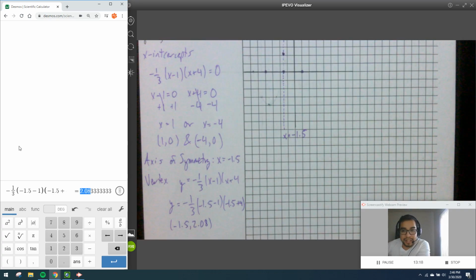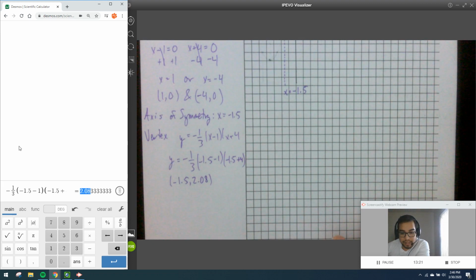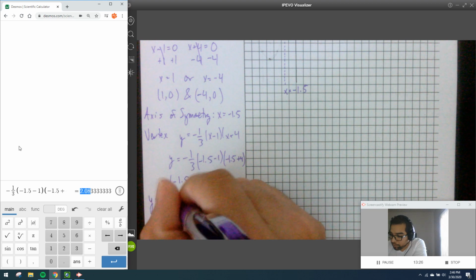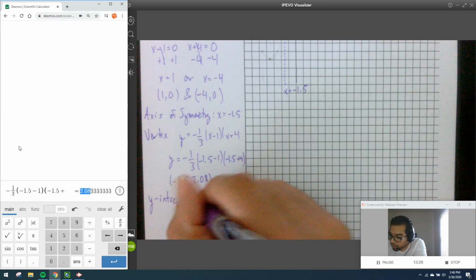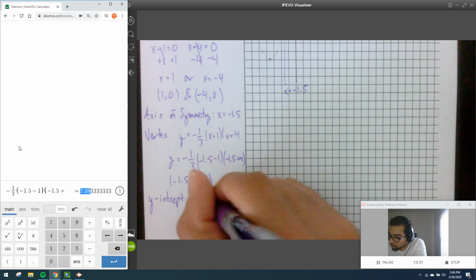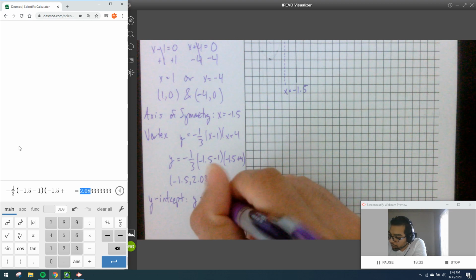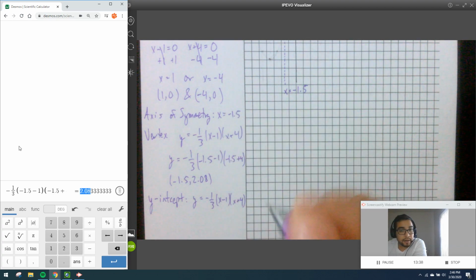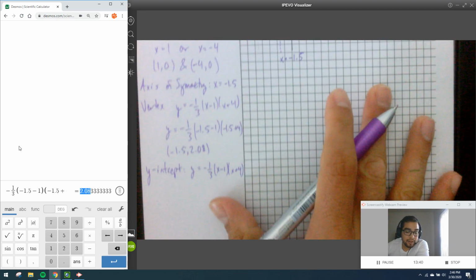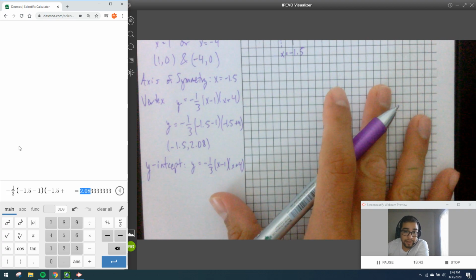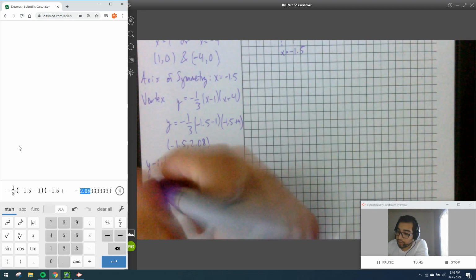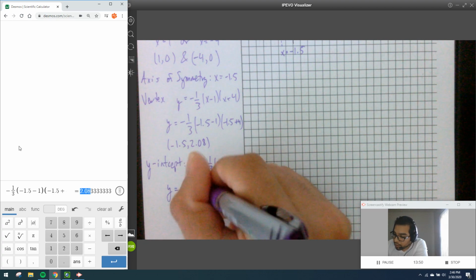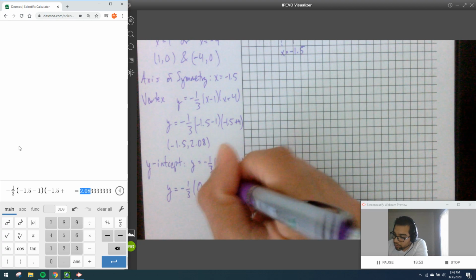Okay. Let's find my y-intercept, right? So my y-intercept is the value of y when x equals 0. I'm going to go ahead and use this quadratic again, -1/3 times (x minus 1) times (x plus 4). I didn't close my parentheses up here, right? The value of y when x equals 0. So let's go ahead and do that right over here, -1/3 times (0 minus 1), close that, times (0 plus 4).